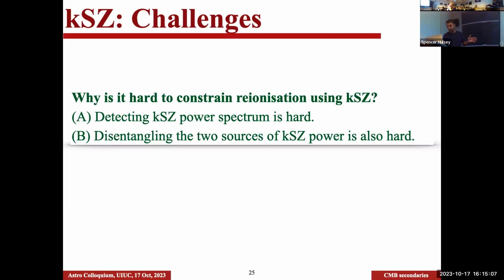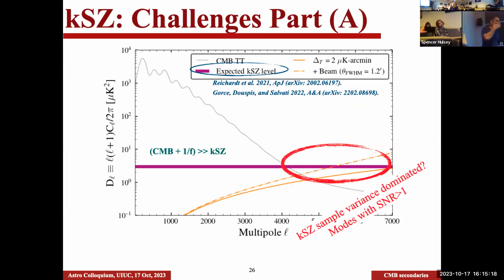I want to emphasize why these are hard with the following figures. Challenge A is that just detecting this is hard, and here's an example. This is again the power spectrum that I've been showing previously, and now this has only the primary CMB signal, and then this has the KSE signal.